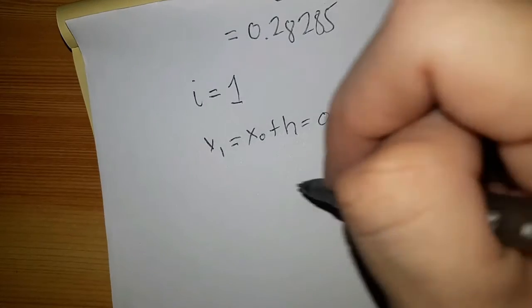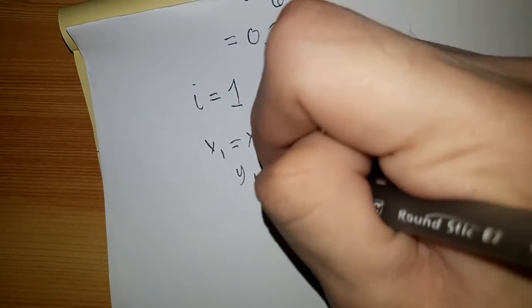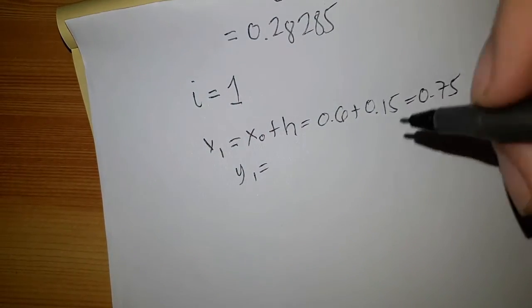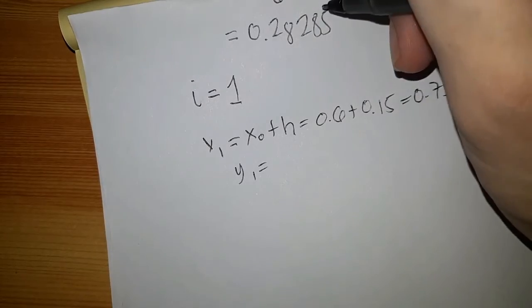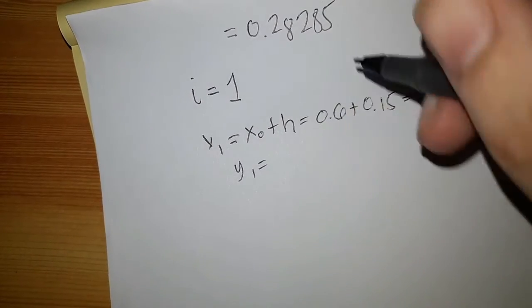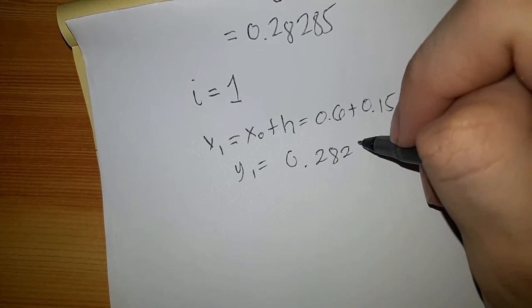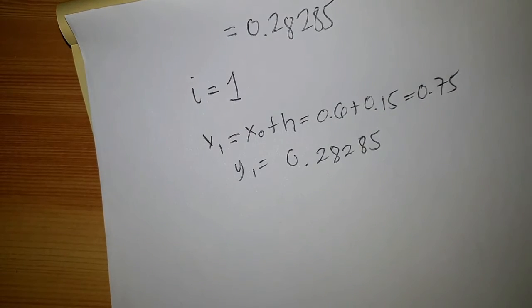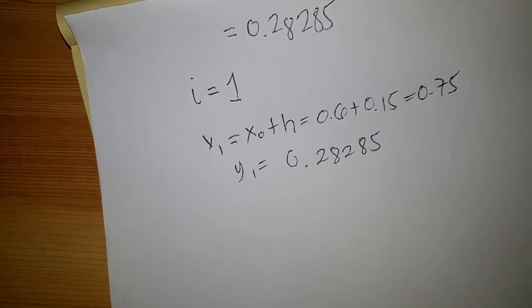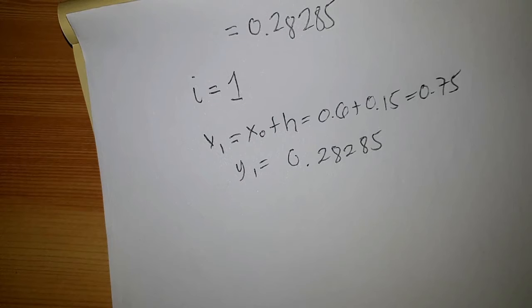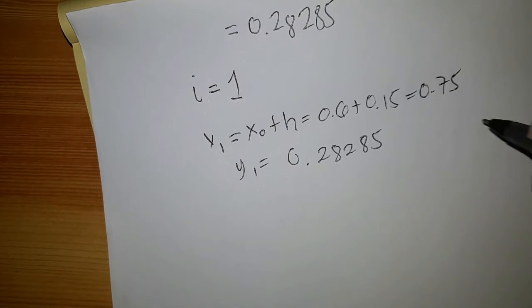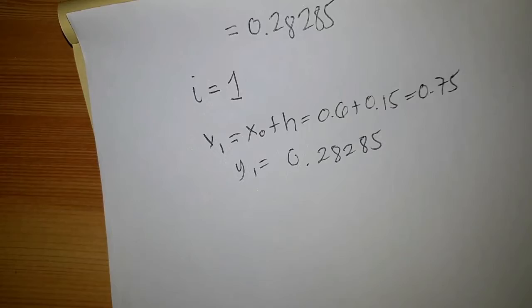And y1 is what we have obtained, which is equal to 0.28285. So first, we need to get the values of k1 again using these new values of x and y.